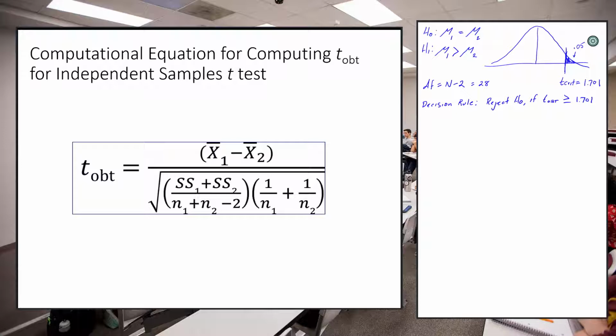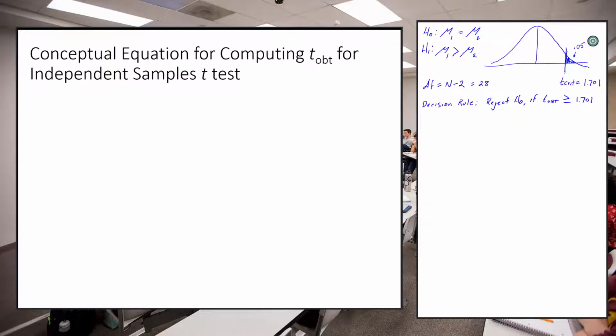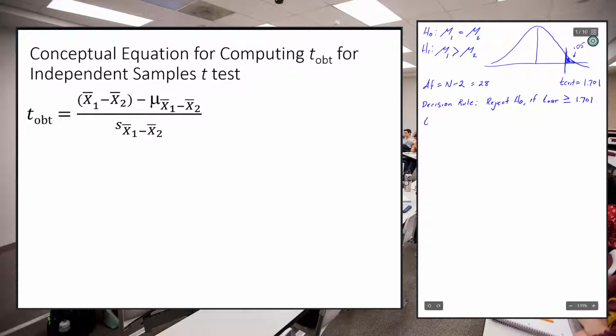So let's move along here. This is a more conceptual way to frame it. We've got the t-obtained value is this mean difference divided by the standard error of the difference between means. So again, mean difference over error. So let's write down this t equation.